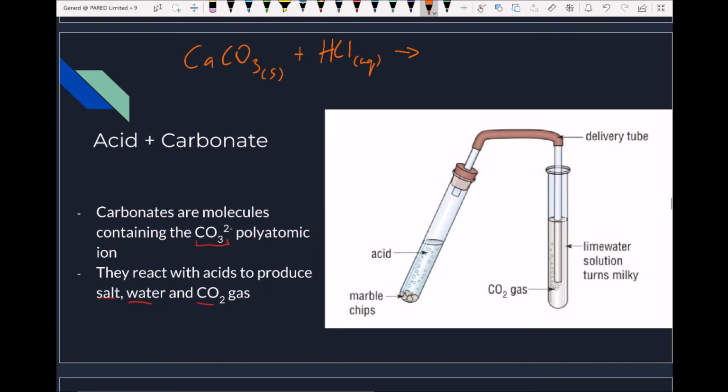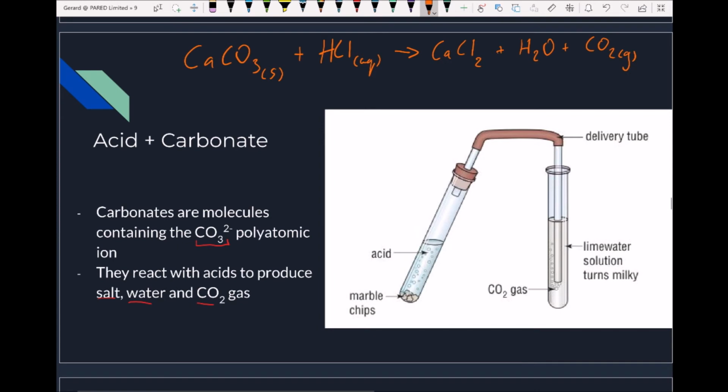So our salt is going to be, this calcium here, Ca. We're going to take the chloride again, Cl, and again, calcium is 2+, Cl is 1-, so it's going to be CaCl2. That's our salt. We're going to have water, and we're going to have carbon dioxide gas being produced.